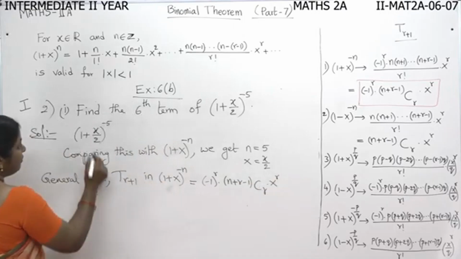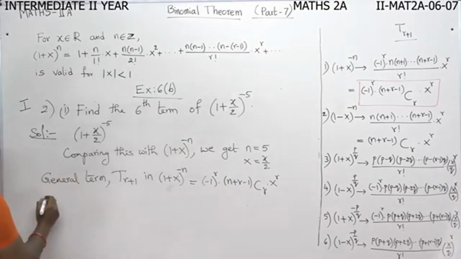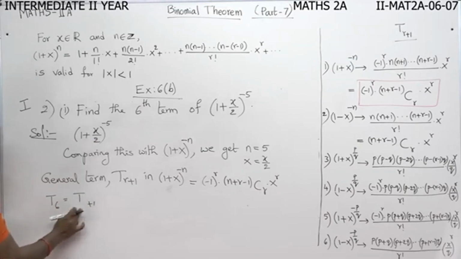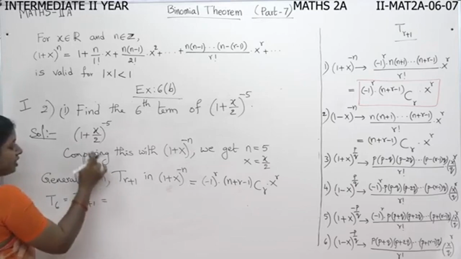What we need to find is the sixth term, t6. In tr plus 1, what value of r gives t6? If r is 5 we get t6, so r value is 5.